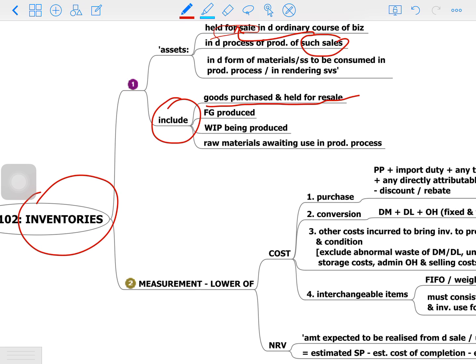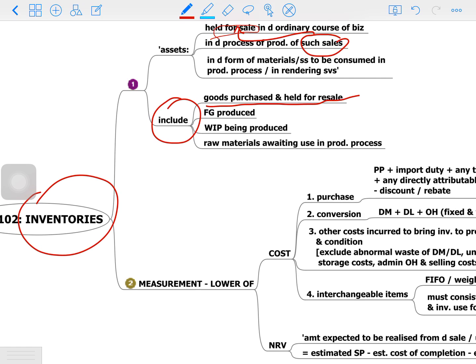And you also have in manufacturing companies raw materials that you use to produce your finished goods. So raw materials also fall under inventories. This is the definition of inventories, which is covered under FRS 102.